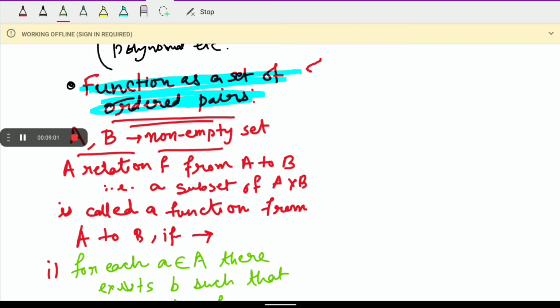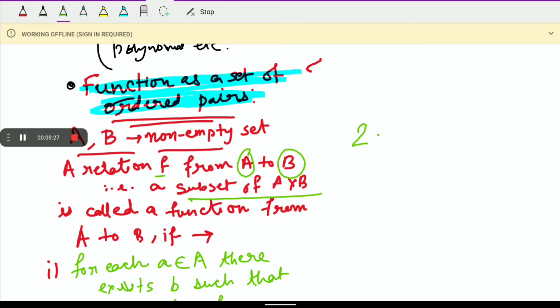If we assume two non-empty sets A and B, and a relation F from A to B, a function is also a relation, and it is a subset of A cross B. I have already discussed the two conditions for being a relation.